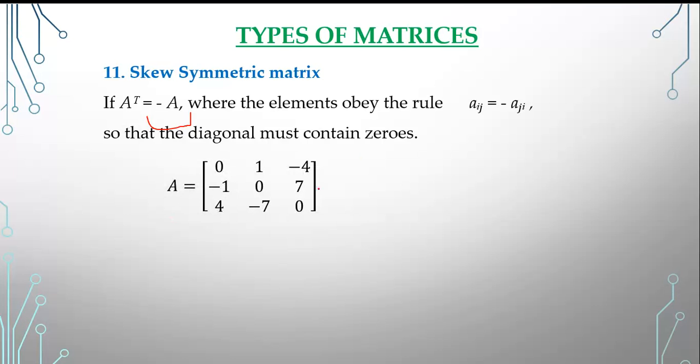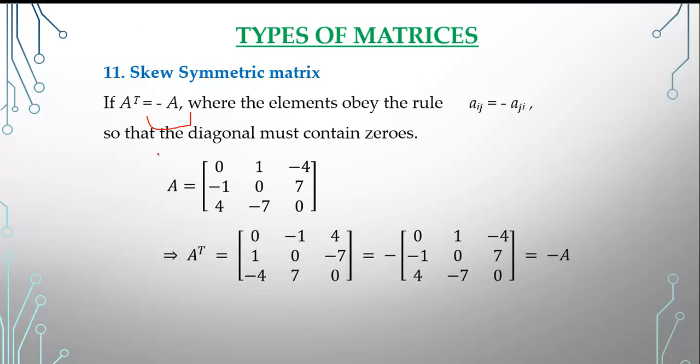If we have this type of matrix, you can say that this matrix is skew-symmetric. How? Because first, the diagonal elements are all 0, and you have to satisfy this property. When we take the transpose of this, the row 0 1 minus 4 becomes the column 0 1 minus 4, the row minus 1 0 3, sorry, minus 1 0 7 becomes the column, and the row 4 minus 7 0 becomes the column 4 minus 7 0.